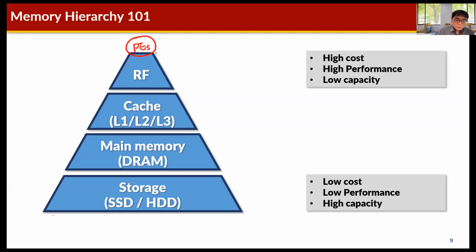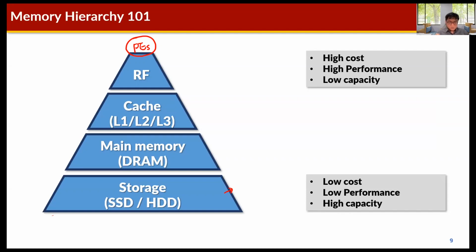So the register file is very fast, and the size is very small, but it's okay because of data locality. But a large amount of user data is stored in storage systems like SSDs or HDDs. This is because the density of SSDs or HDDs is very high, so it's low cost. But how about the performance?